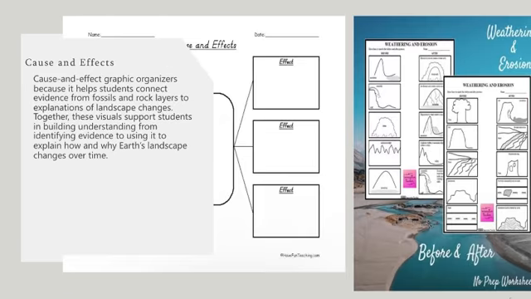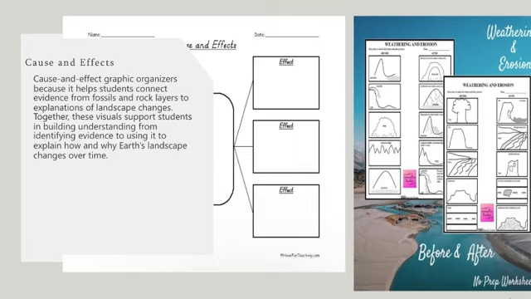And then finally, we have these cause and effect diagrams. These diagrams can be useful for really any sort of subject except for maybe math. Cause and effect graphic organizers can help students connect evidence from fossil layers and rock layers to explanations of landscape changes, as well as environmental occurrences, physical occurrences, that sort of thing.